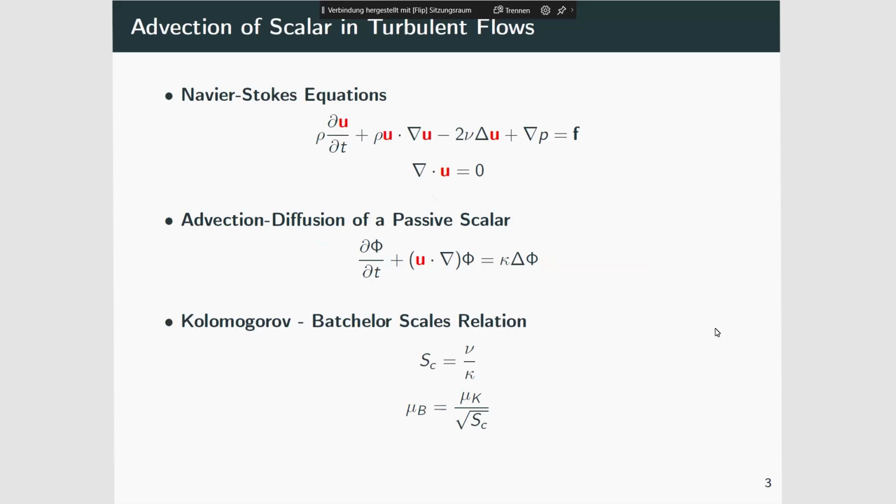The problematic here is very simple. We are going to deal with two equations: the Navier-Stokes equation in its incompressible form, and the advection diffusion of a passive scalar, which is advected with the velocity computed from the Navier-Stokes equation.